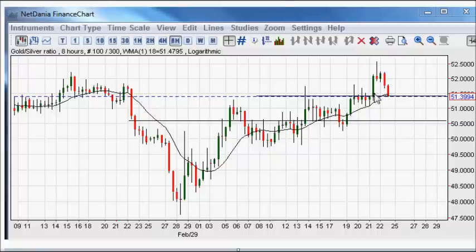So this is an area where it should have some sort of bounce. Not as powerful as it is in here, but still an area where it should bounce. Now here's the kicker. If it bounces from this level, it successfully makes a lower high, especially if it stays below 61.8% from this high and this low on the rally.